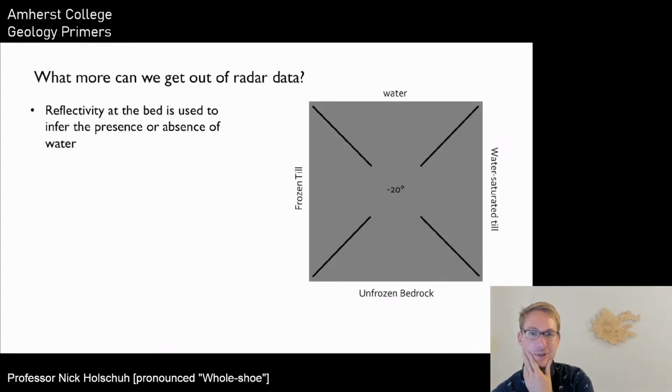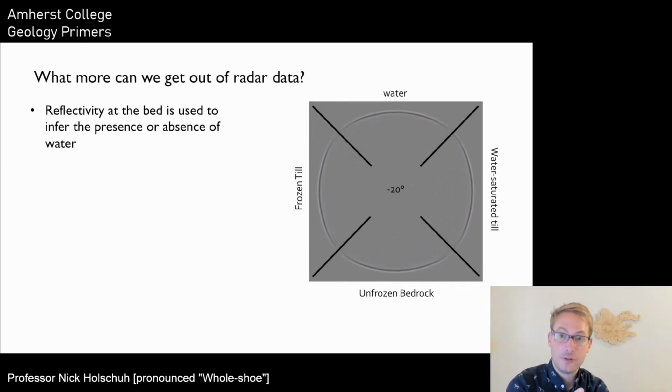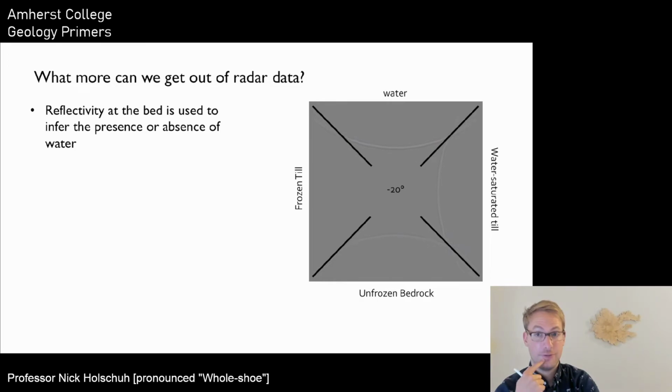So how do we do that? Well, we have to disentangle two fundamental unknowns. As we said, the strength of the reflection in part depends on the material that's generating the reflection. So if I send out a wave into an icy body, and that wave hits an interface that's either frozen till, unfrozen till, water-saturated till, or just water, those all have different reflection coefficients.